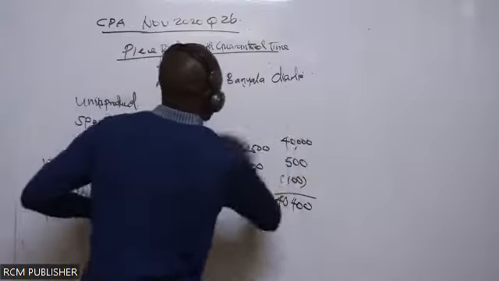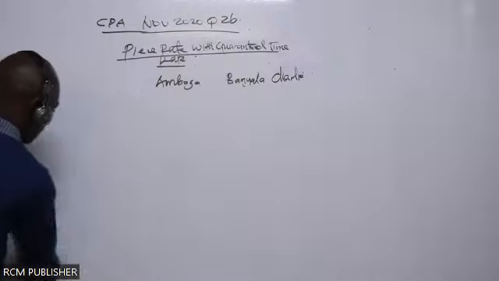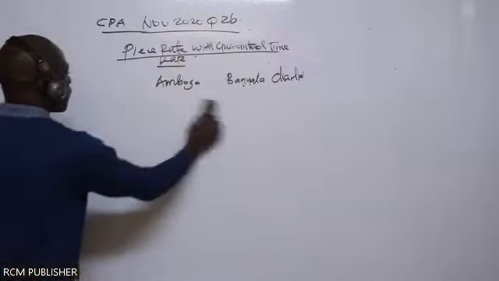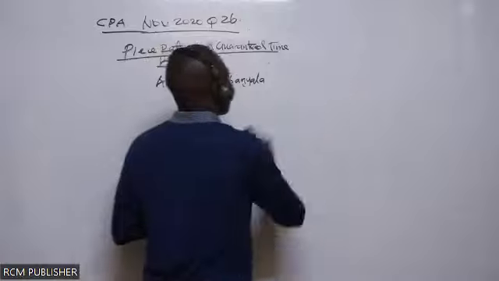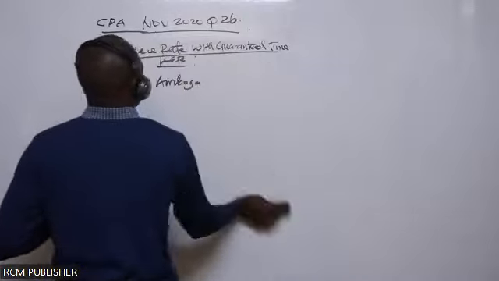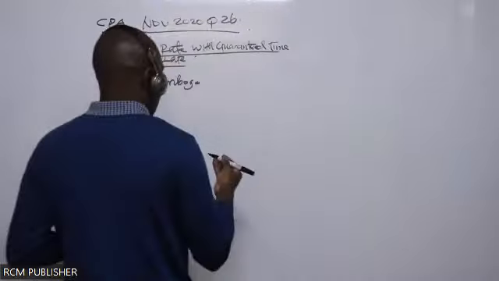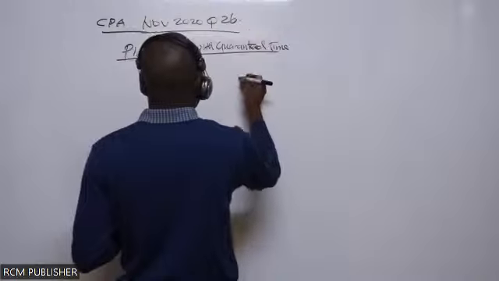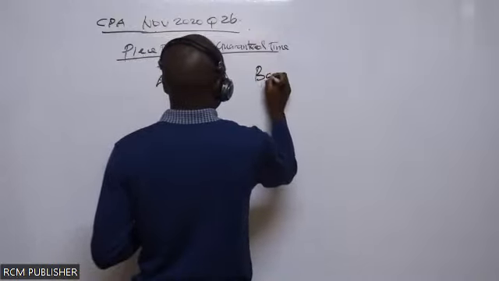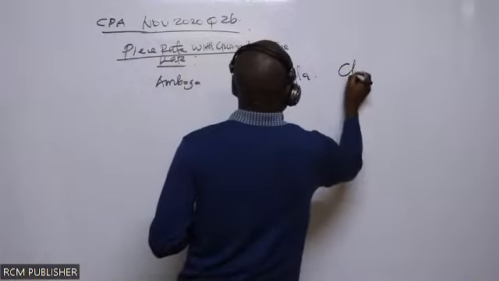So let's now move to the second one. I believe you are keeping the values because you are going to compare which one each employee should consider. So we are going to have Banyala, then Charlie.